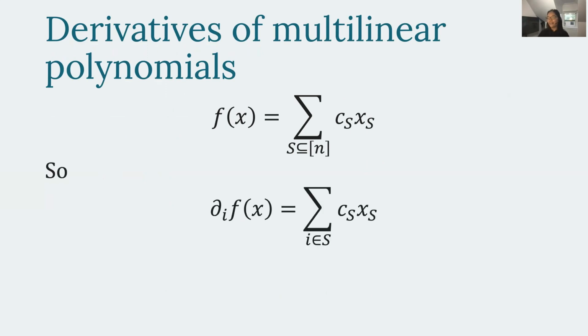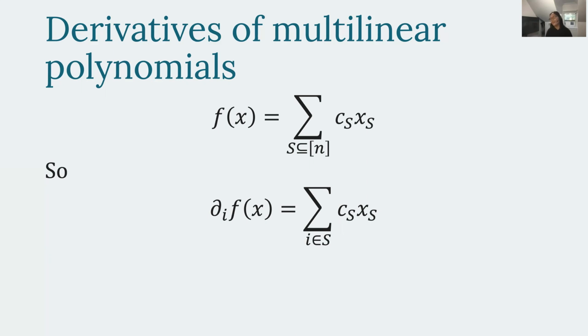Okay, let's think about what the derivatives are of multilinear polynomials. If I have a function f that's a multilinear polynomial, it's expressed in this form: for every subset of n, I have some term and some coefficient. If I take a derivative of it, it just means that I will only keep the terms that have the i inside the term.